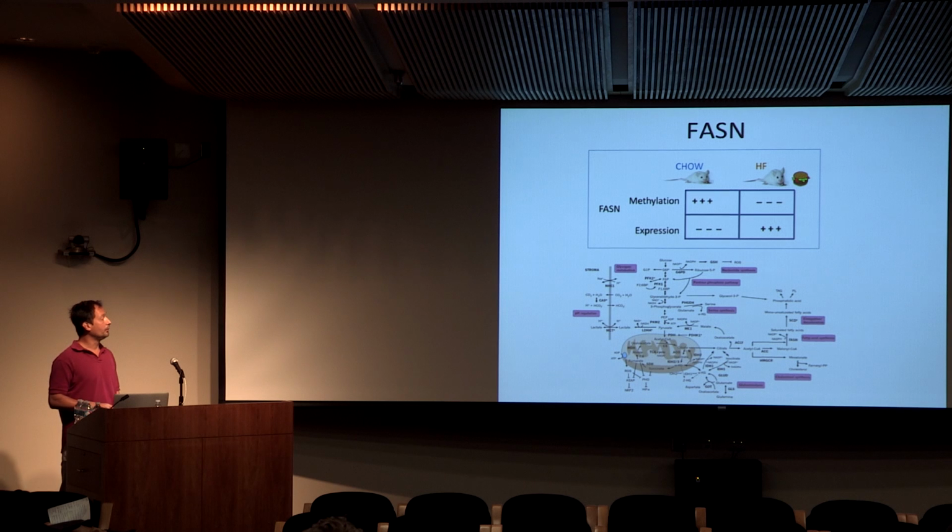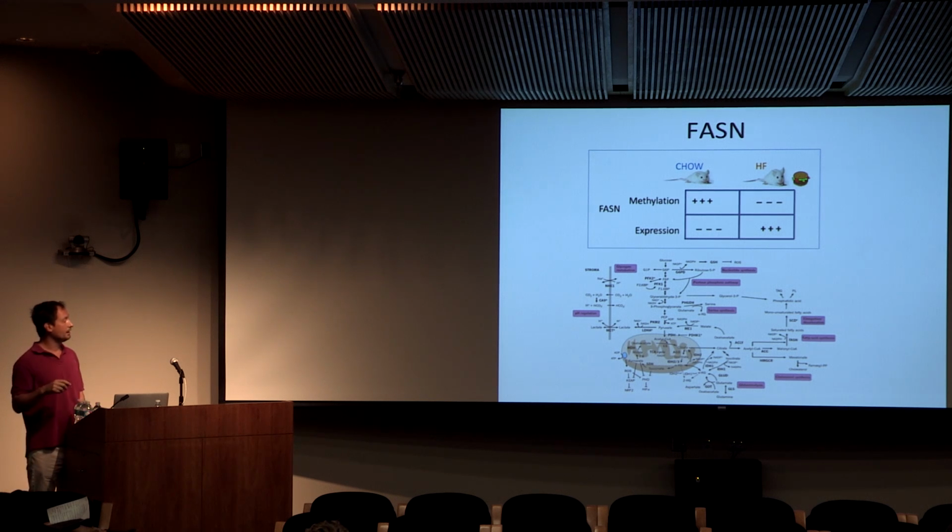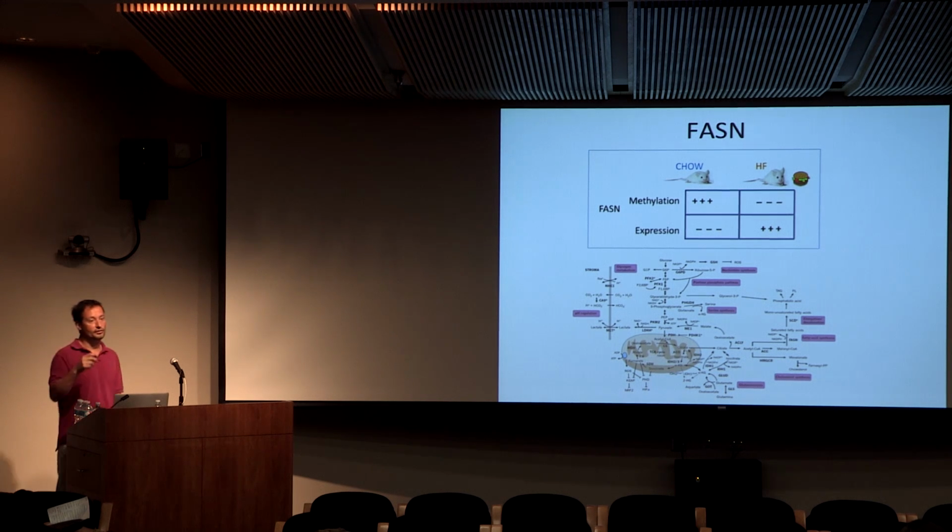And specifically, one gene that keeps coming up in our analyses is the fatty acid synthase gene. So the fatty acid synthase gene shows dramatic differences in methylation and gene expression in response to these diets. And what we know is that the fatty acid synthase gene is a precursor to the production of a lot of the storage lipids.